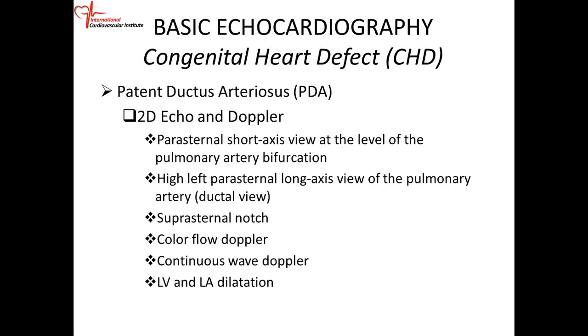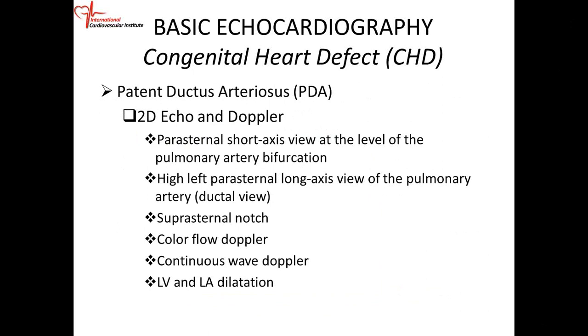In the suprasternal notch, we tell you to do this not because we want to give you more work, but you can pick up coarctation of the aorta, you can pick up PDA. So remember, it's a communication between the aorta and the pulmonary trunk.